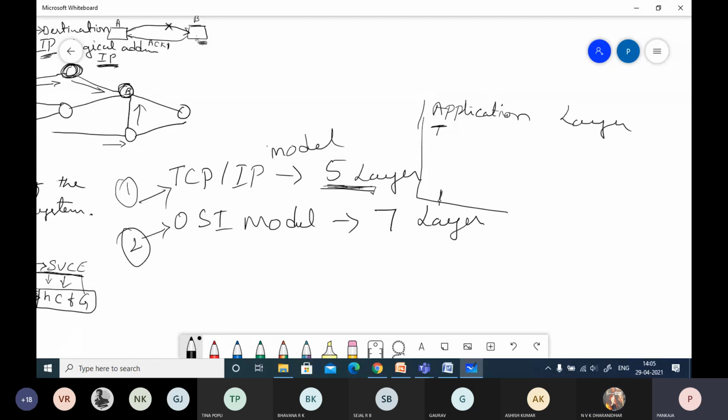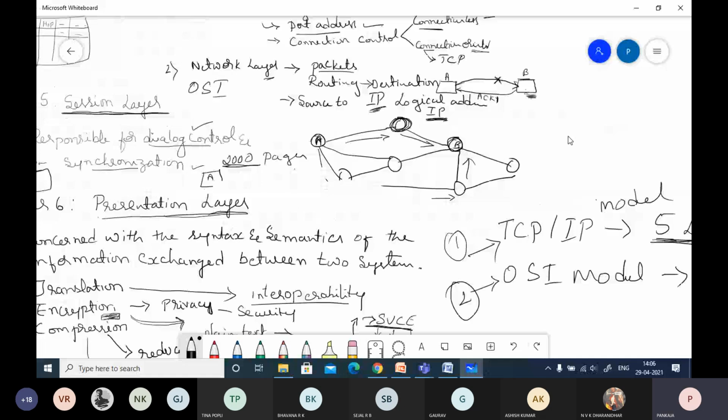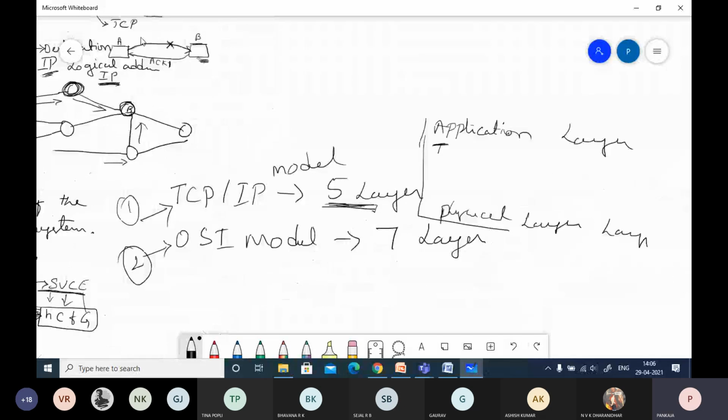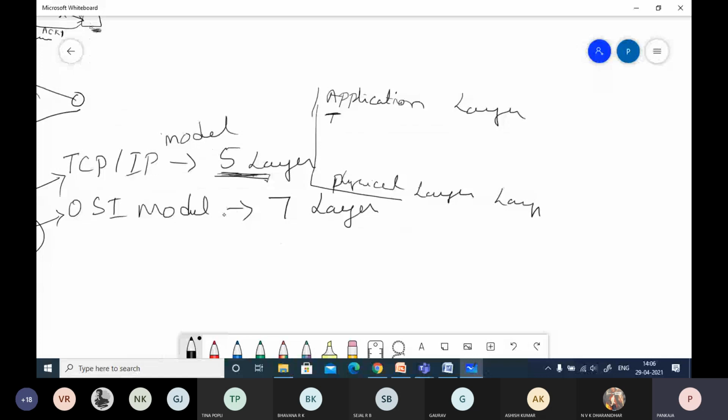What is the first bottom layer? Bottom layer 1. Physical. Physical layer. Okay, the bottom layer is the physical layer. Then what about the next layer?